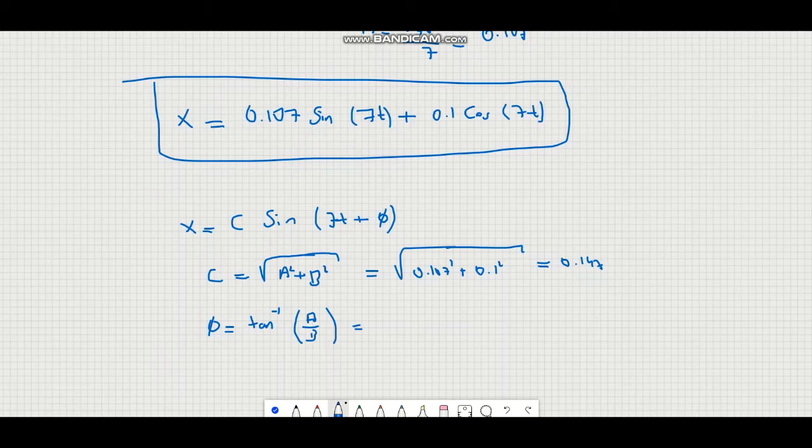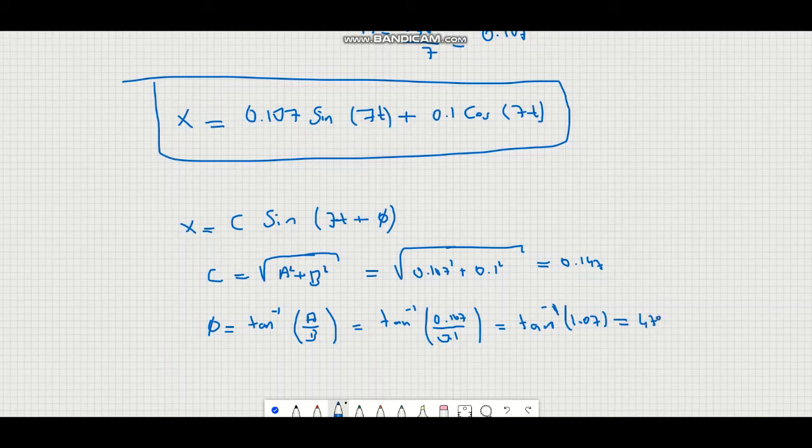So if you plug in 0.107 over 0.1, this is 1.07. Arctangent of 1.07 is 47 degrees.